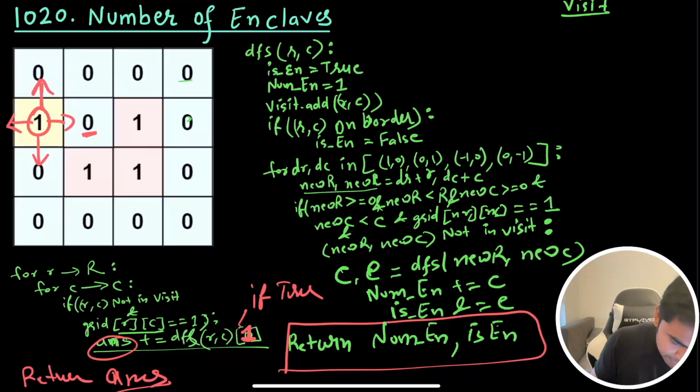So let's say at one point we notice this one right here. Initially it's going to say is enclave, yes, let's mark it true.